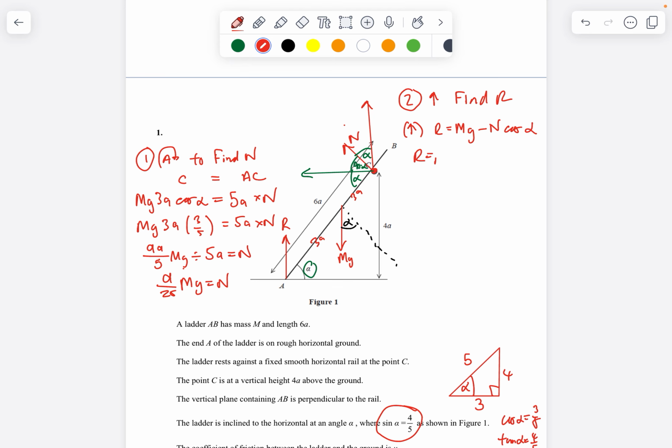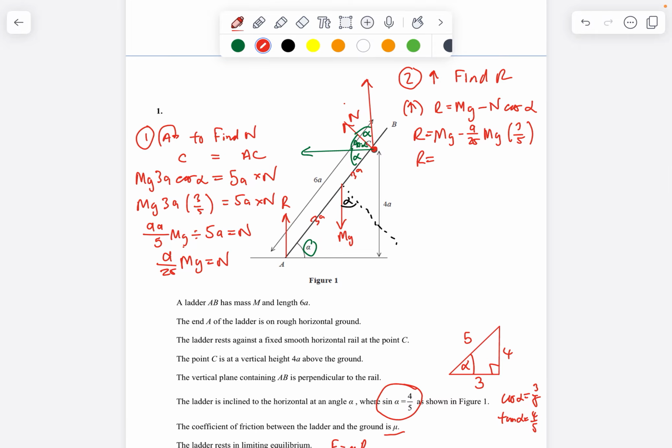So R equals mg minus, well, my N was 9 over 25 mg, and my cos alpha was 3 over 5, which means that R is equal to 98 over 125 mg. So now I've got R.